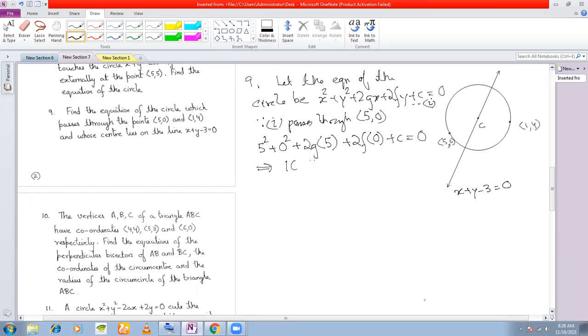So you get 10g plus c is equal to minus 25. This is the first simultaneous equation that you are getting. Let's call it 2, because we have already called the equation of the circle 1.